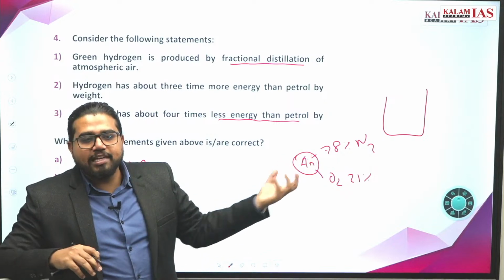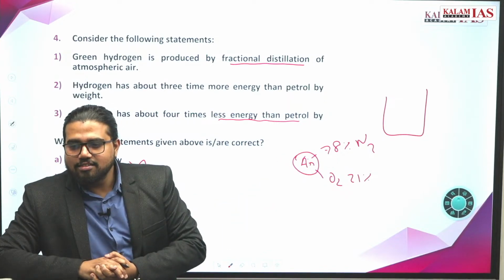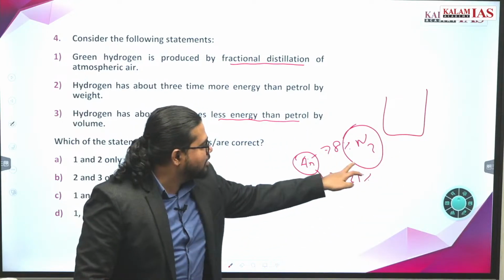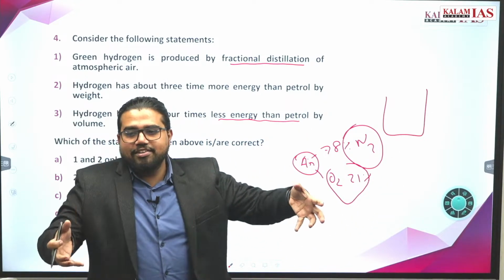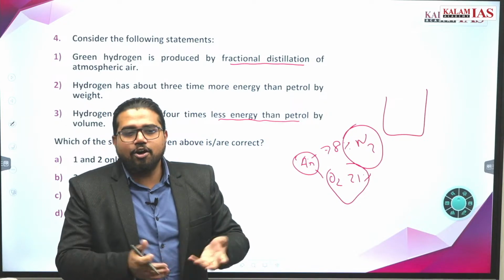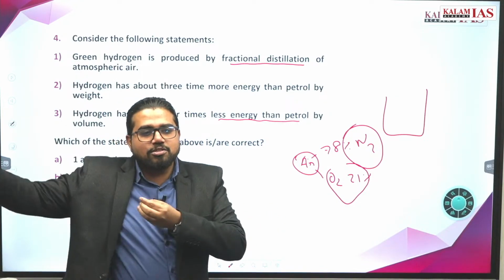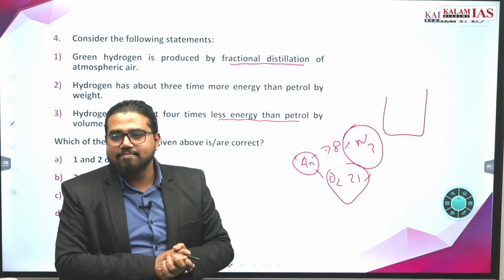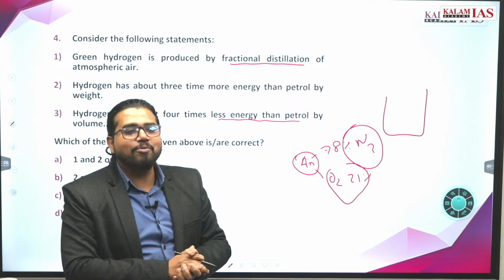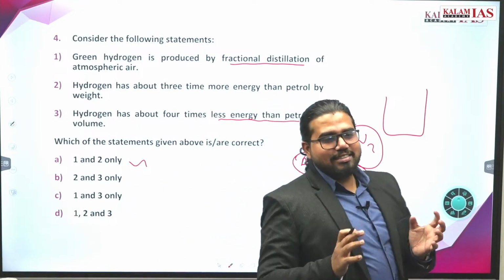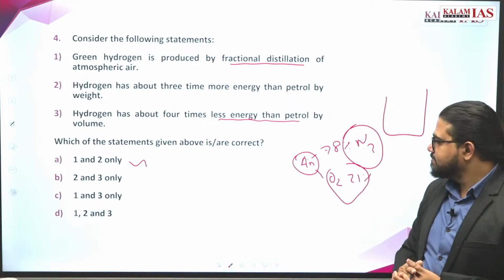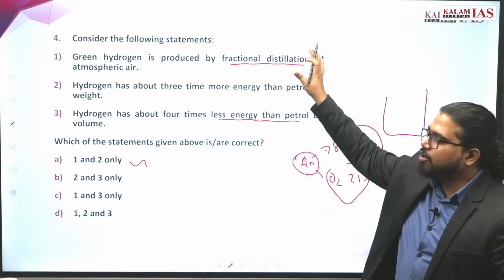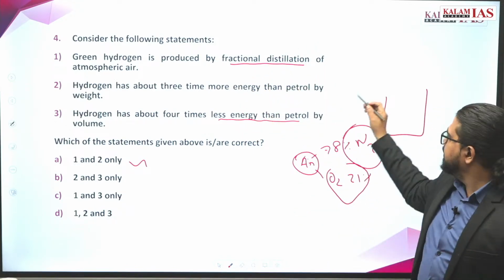Now where is this applicable? This is applicable to take out nitrogen or oxygen from air because they are present in significant quantity. How much hydrogen is in the air? 0.0001%. You cannot feasibly extract it. Hydrogen is feasibly produced by electrolysis, separating H2O.